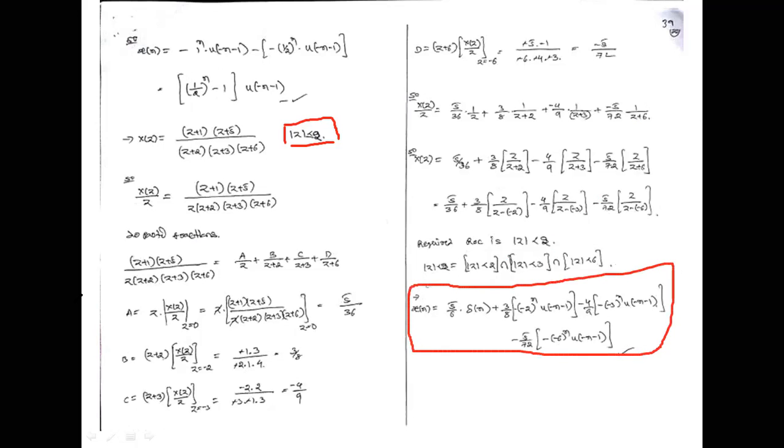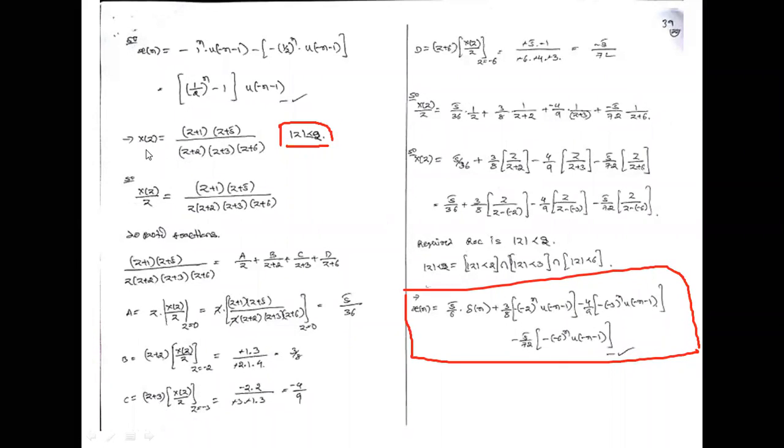equation for the given X of z, which is equal to z plus 1, z plus 5 whole divided by z plus 2, z plus 3 and z plus 6.